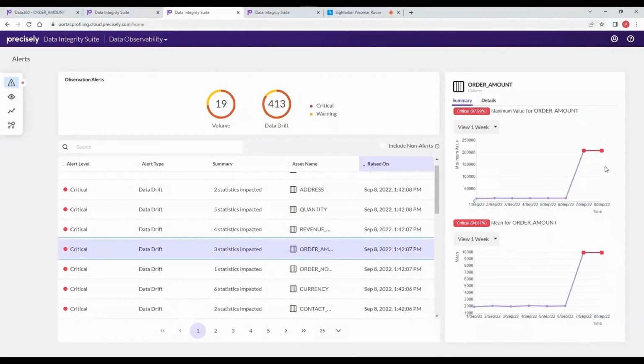I'll walk you through, once we go into the alerts, how we can configure those alerts. But a lot of this is driven by intelligent analysis, which Paul was earlier alluding to, where we associate a different level of confidence based on how deviated you are from the normal. So let me go to the third example where we're going to talk about the alert.